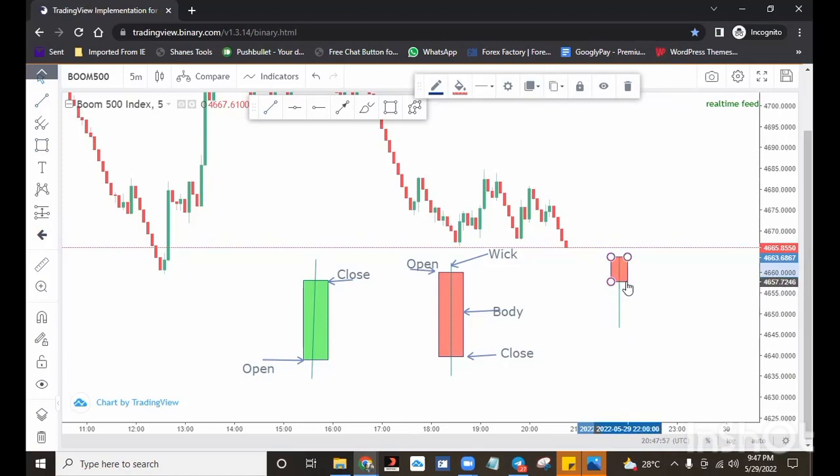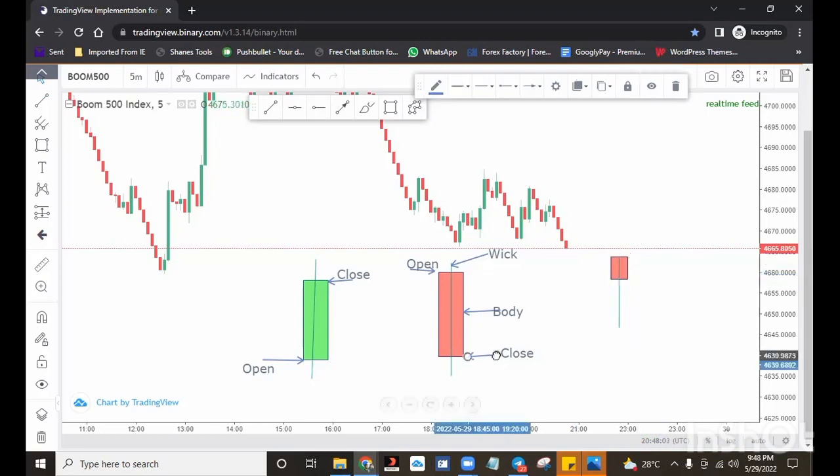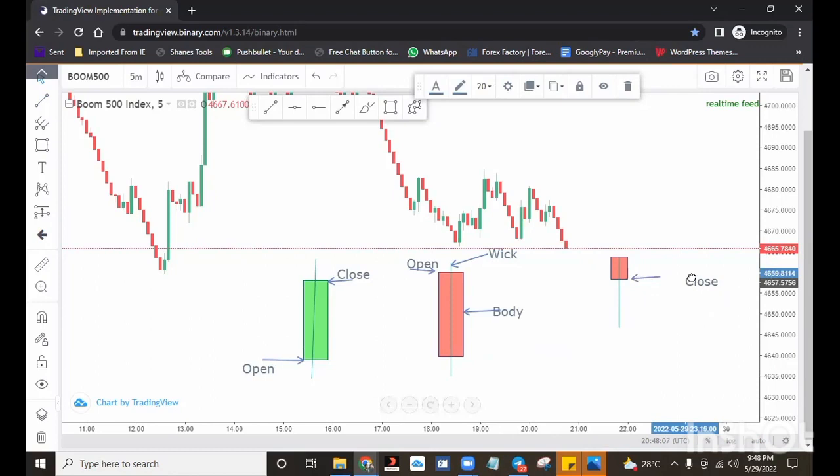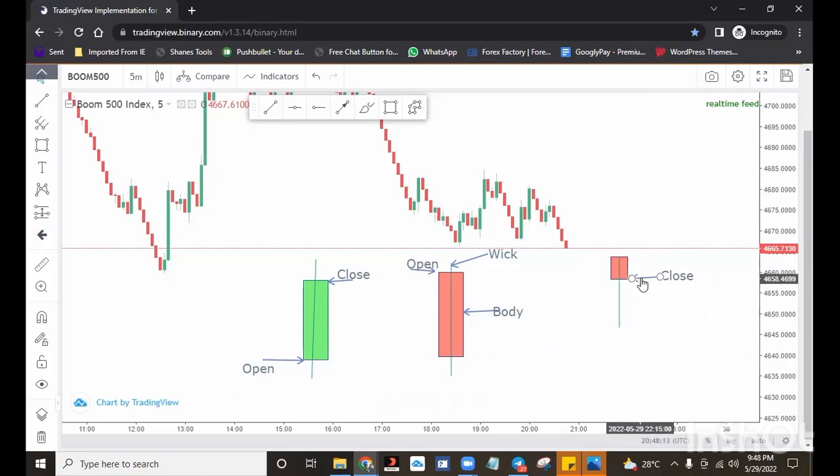Wherever the bulls rejected up to before that candlestick closed, that is where the close of this candlestick would be. And once here is the close, the next candlestick that comes after it will open here. So if it's a bullish candle that comes after it, it continues to go up. That is what forms a wick.